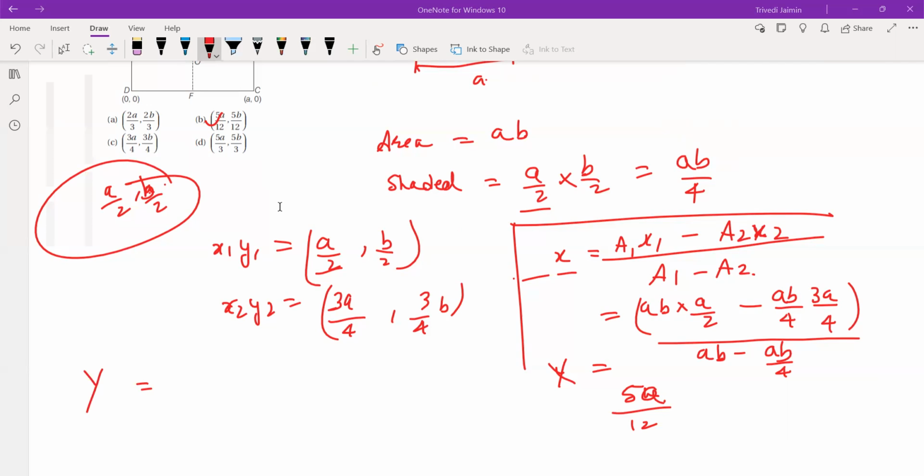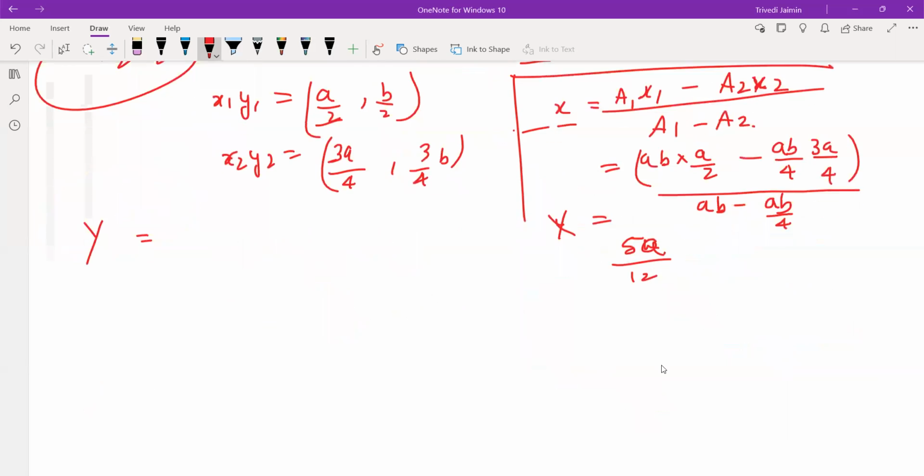Even instead of doing this long, we should have started directly. So directly started this one. Like x center of mass, that is m1 x1 minus m2 x2 divided by m1 minus m2.